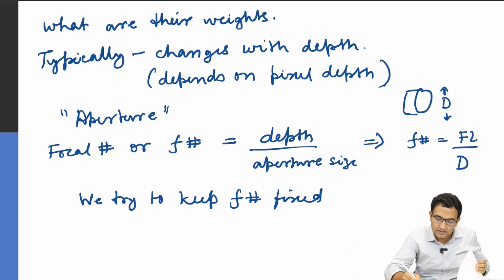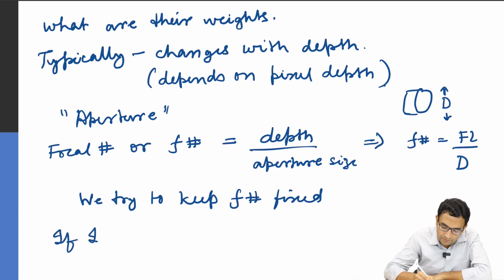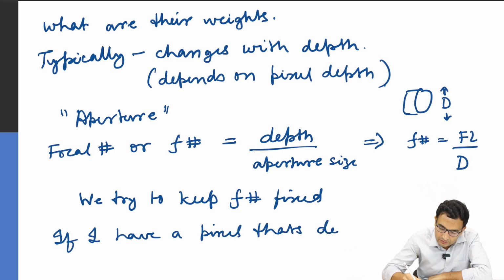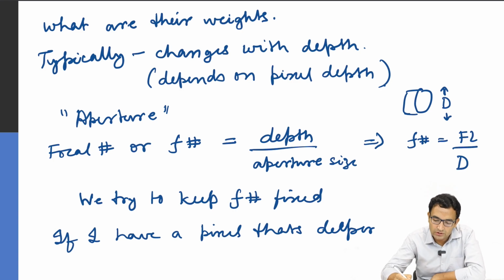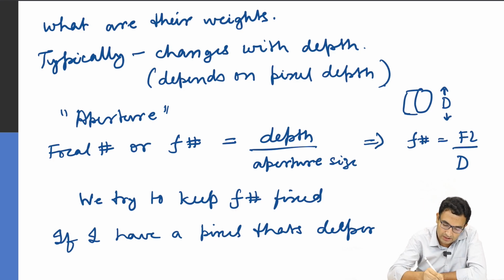So this tells me that if I have a pixel that is located in a deep location, then as the depth is increasing, the aperture size should also increase. Similarly, if I have a pixel that is located in a shallow region, then the depth is lower, so I can use a smaller aperture. So let me just write that down.